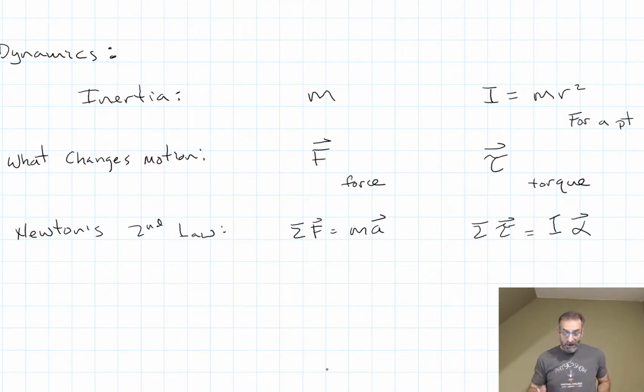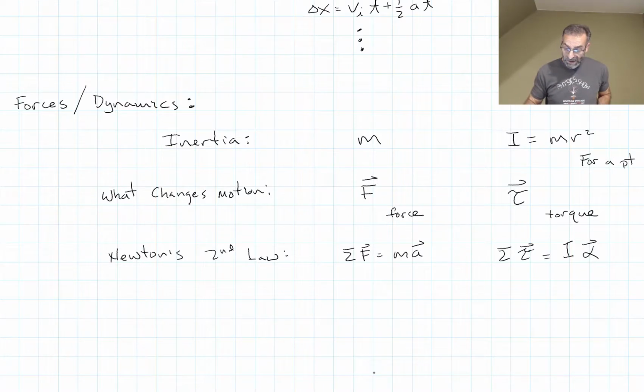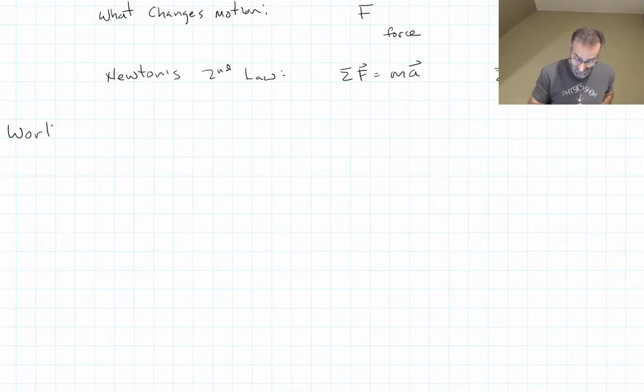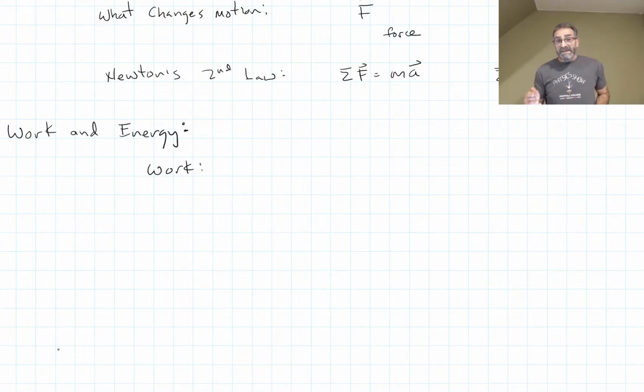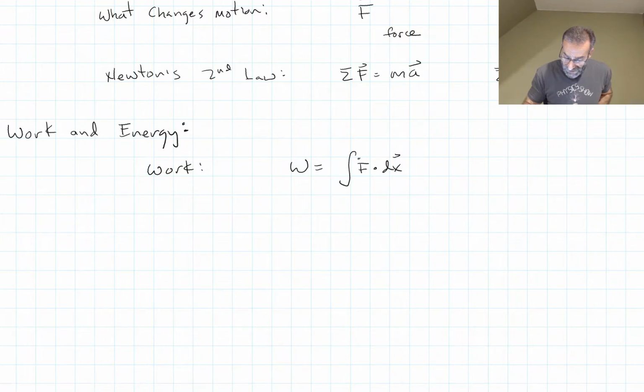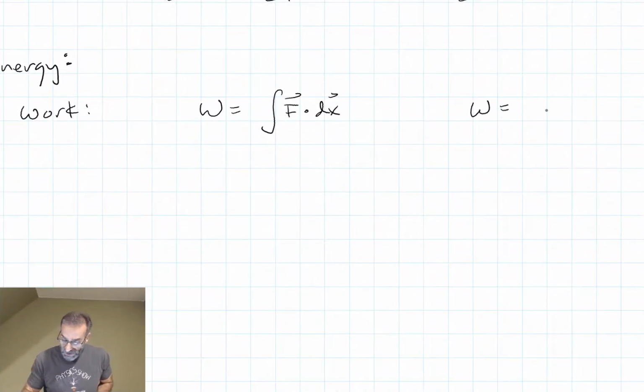Now we want to look at our next lens, work and energy. And we said work done, in the most general case, when our force is not constant, is going to be an integral of f dot dx. Well, we can say a similar thing for rotational motion. Instead of force, we use torque, and instead of dx, we would use d theta.